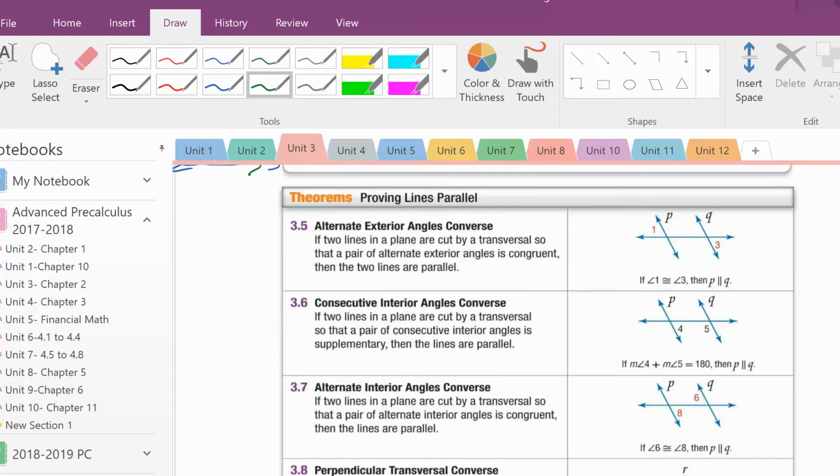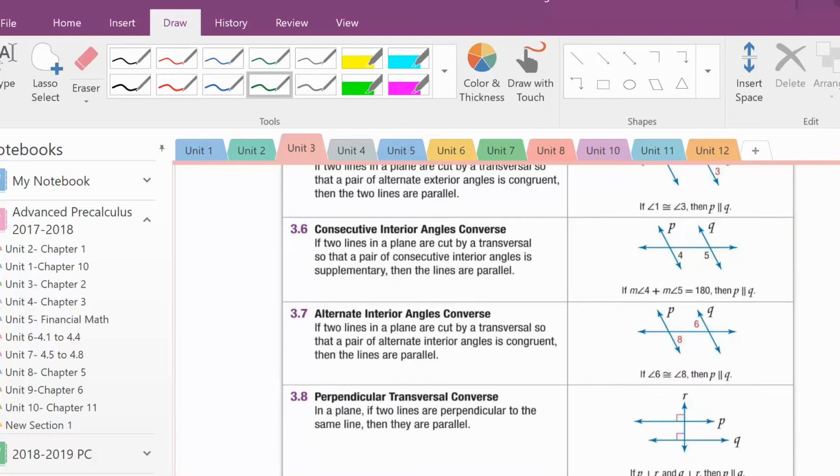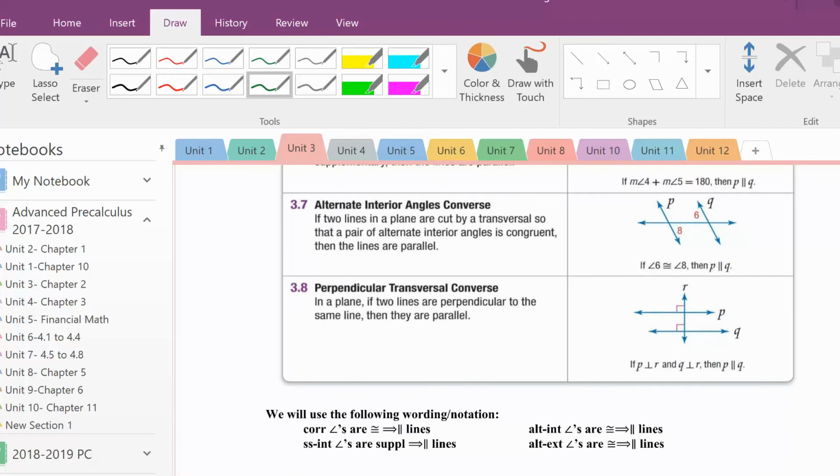Alternate interior angles, the converse: if I know alternate interior angles are congruent, then the lines are parallel. Consecutive interior angles, remember that if they're supplementary, then the lines would be parallel. Also, if two lines are perpendicular to the same line, then we know they are parallel.